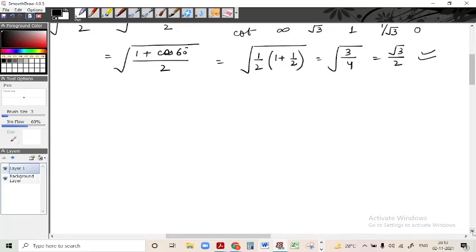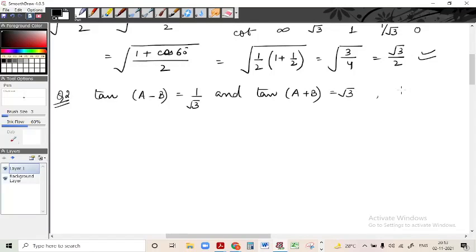Let's say now you have a different sort of question, where tan of (A minus B) is equal to 1 by root 3 and tan of (A plus B) is equal to root 3, where A plus B lies between 0 and 90.